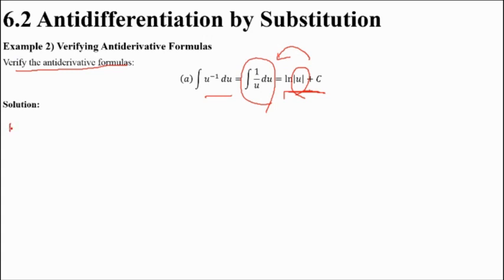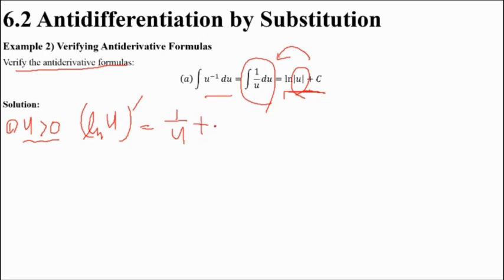The first one, when u is positive, ln u is positive. Take the derivative: you remember this is 1 over u.